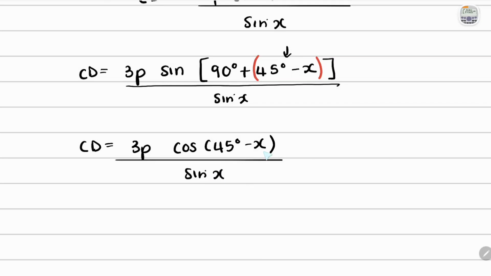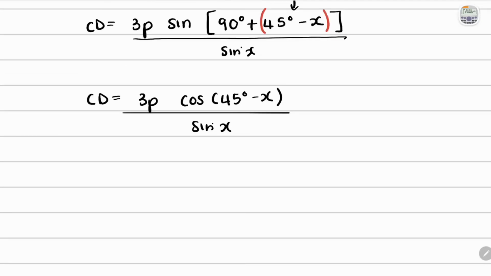Okay, so we clearly have to expand that more. So we can just use one of the compound angle expansions for that. Because we can't reduce it, we can't use cofunctions on it, it's 45 degrees. So we'll just say 3p, and then let's expand. We have cos of a first angle minus the second angle. So this is going to be cos of that first angle, 45 degrees, times cos of the second angle, x.